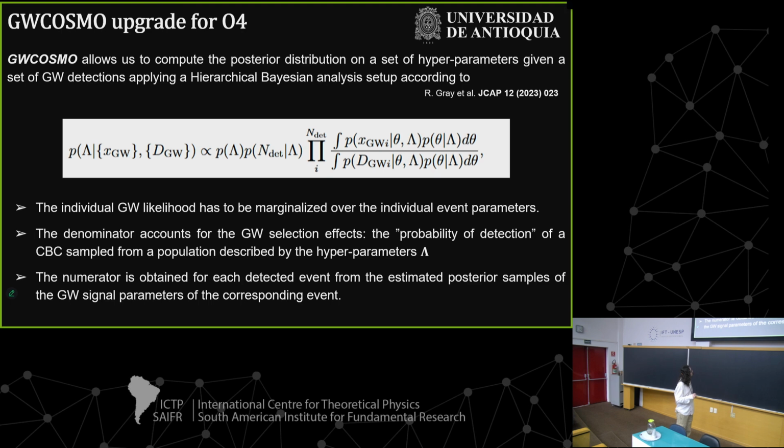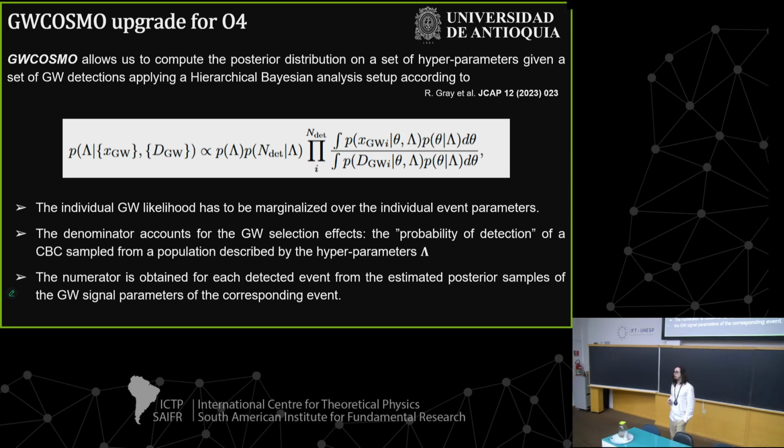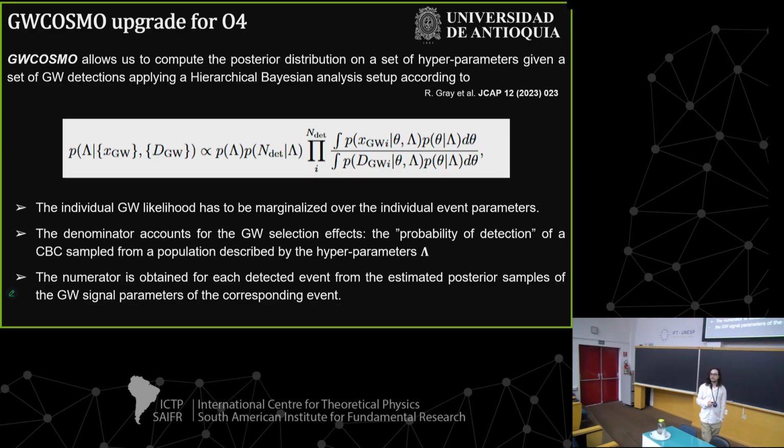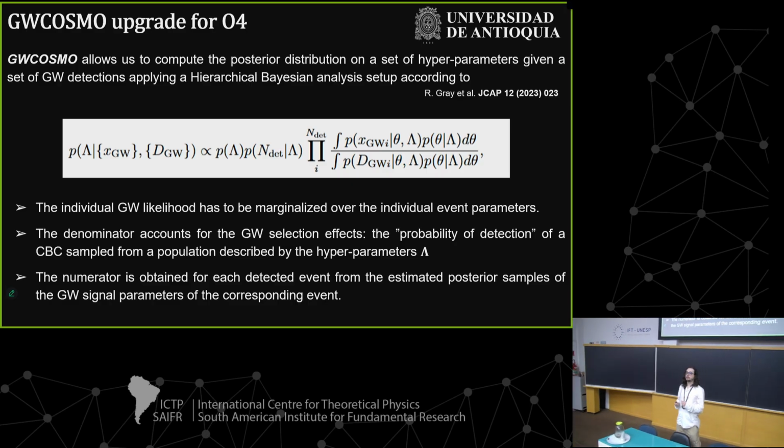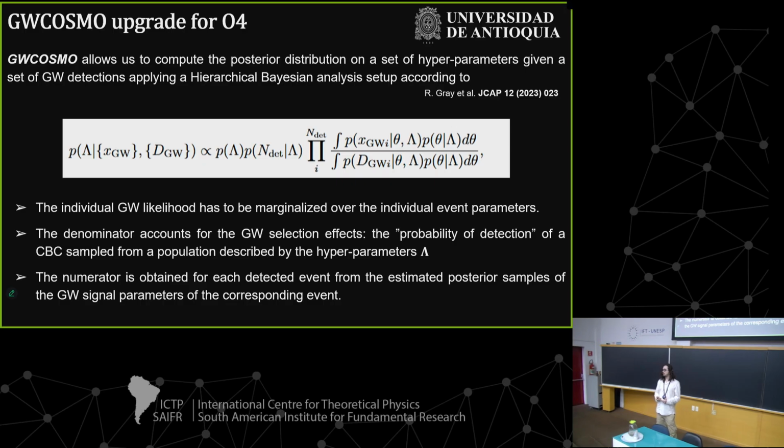Then the denominator of the likelihood is a term which accounts for gravitational wave selection effects, because not all the gravitational waves produced by compact binary coalescences are detected by your detectors, because there are limits due to the sensitivity and the noise in your detector.